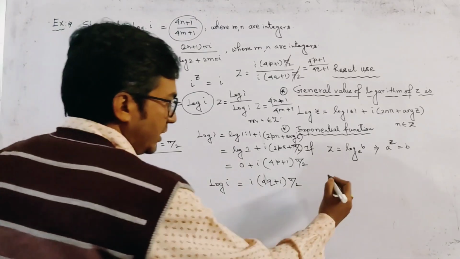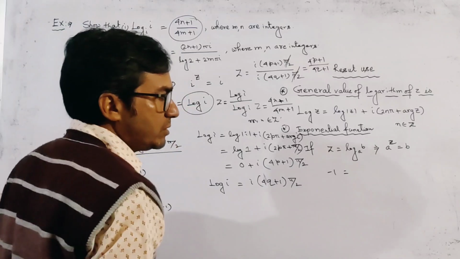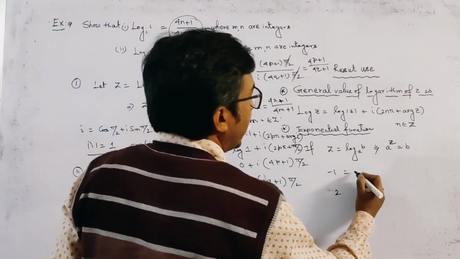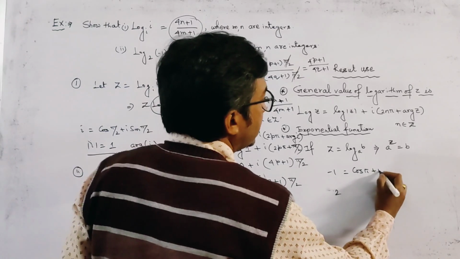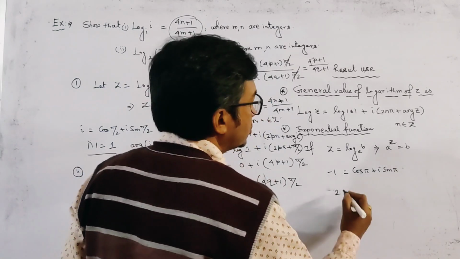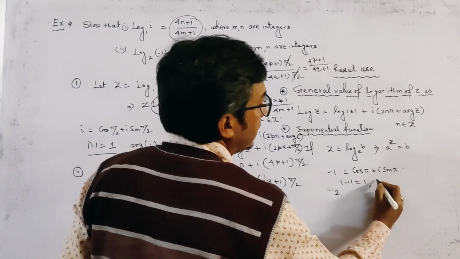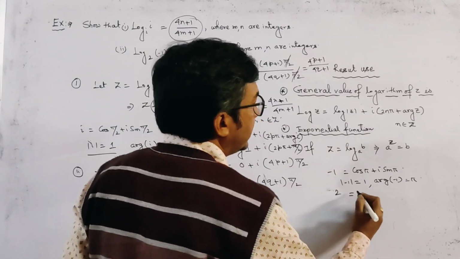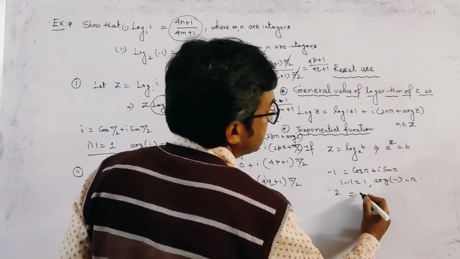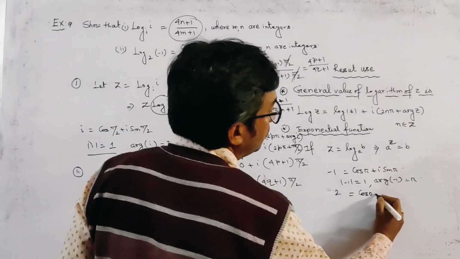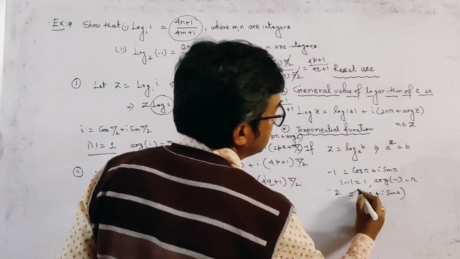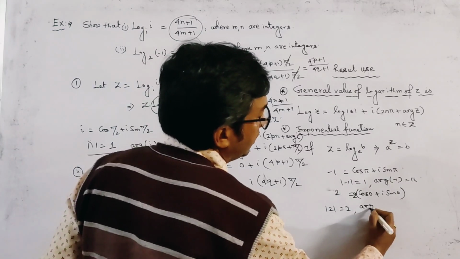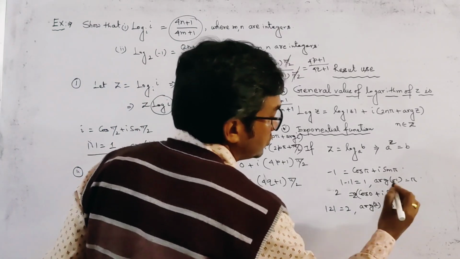Now we write -1 as a complex number, cos π plus i sin π, so mod of -1 is 1 and argument of -1 is π. Similarly 2 is cos 0 plus i sin 0 into 2, so mod of 2 is 2 and argument of 2 is 0.